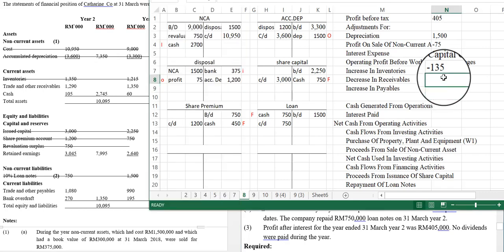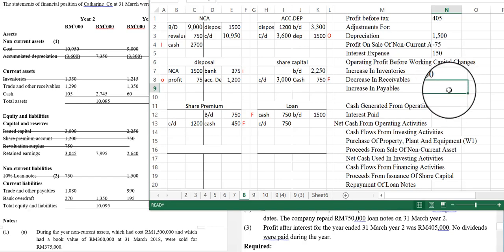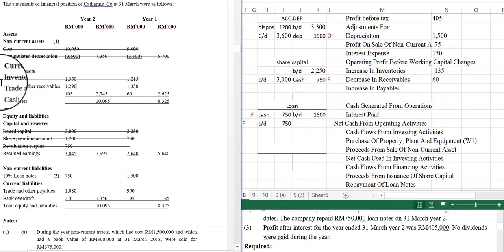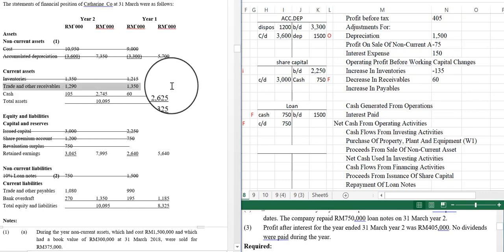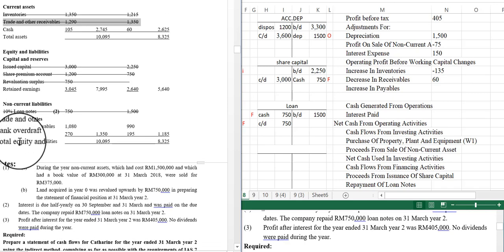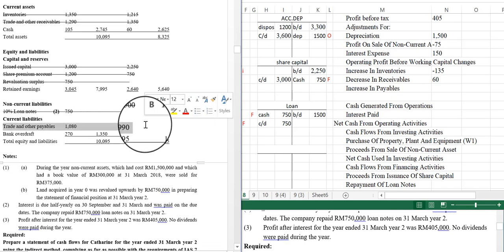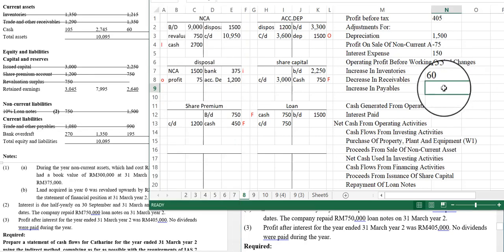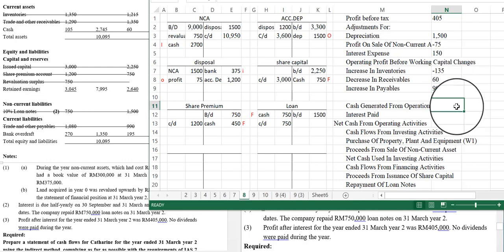A decrease means that they're actually paying you money. That's why their debt to you is decreased. So a decrease in receivables is an increase in your cash flow. And the last one is increase in your payables. So you always have to refer to these three. Trade payables, 990 to 1080, means that you did not pay them, so you have more cash with you. Okay, 90.